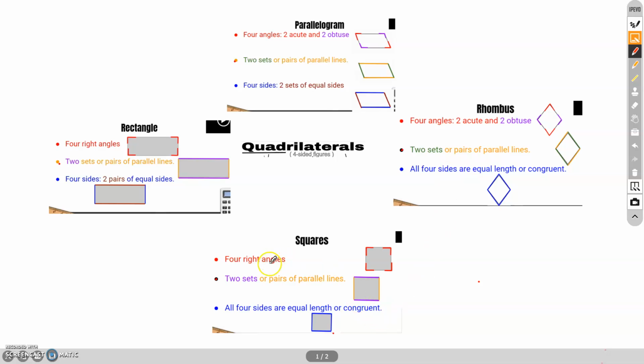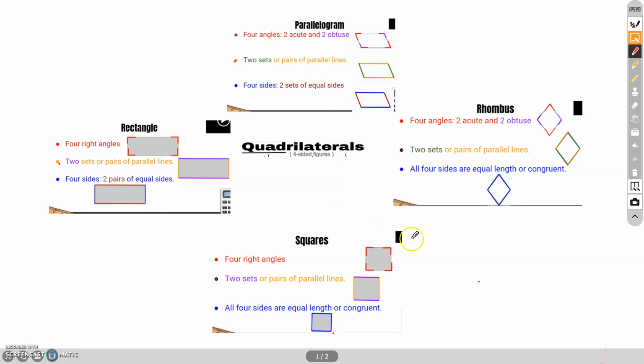The similarity between the square and the rectangle is the four right angles. That's why squares can be rectangles. The reason why rectangles can't be squares is because of all four sides being equal length or congruent. Okay, so once again, all of these are quadrilaterals. All of these are parallelograms, okay, because they have two sets of parallel lines.